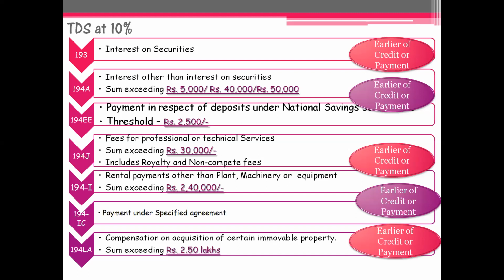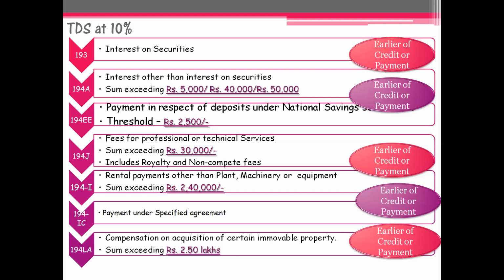No, that is not how it works. The 2,40,000 should be calculated for rent of all assets. Even if plant and machinery and the building have two separate contracts or payments, the threshold should be checked as a whole. If we are paying a single person above 2,40,000 in the nature of rent for any asset, then it will be subject to TDS.